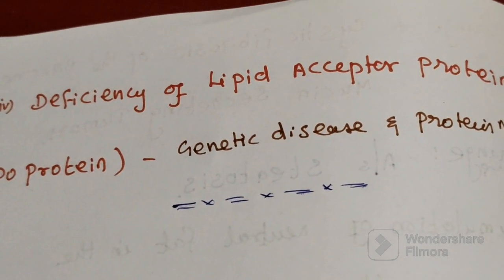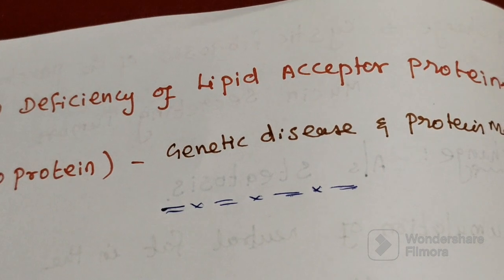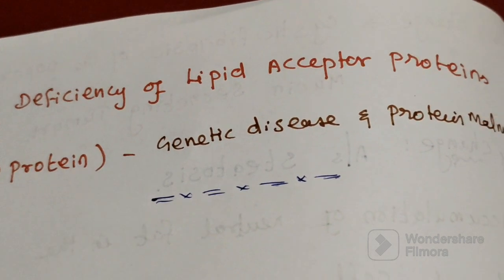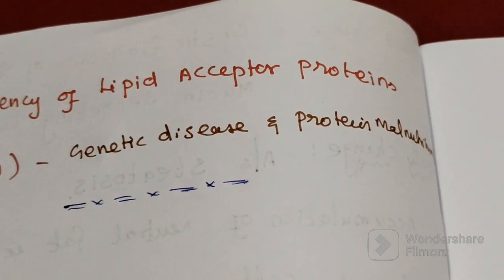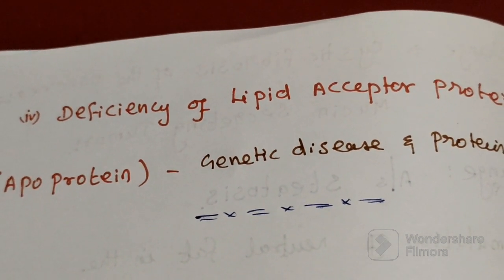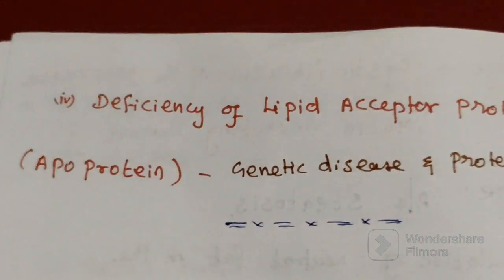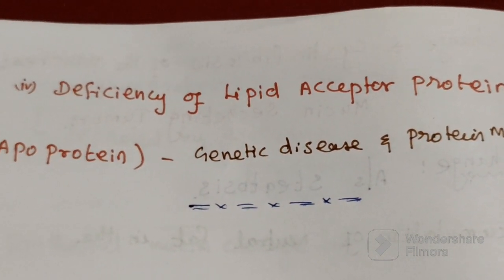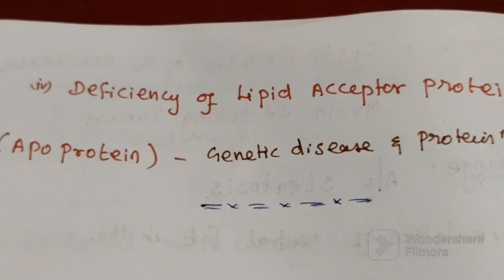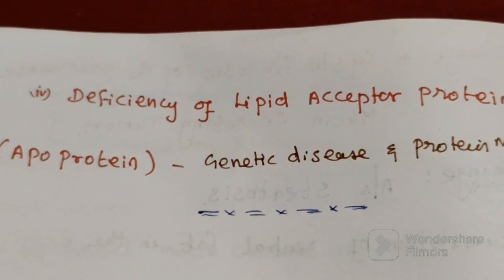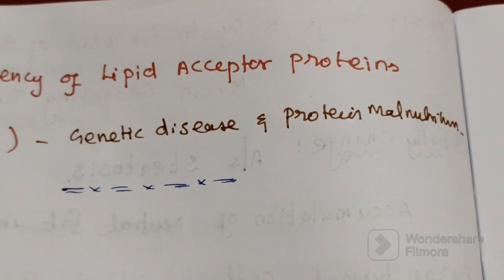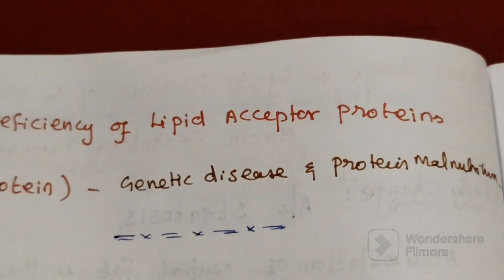Apoprotein absent means it cannot carry the triglyceride to specific tissue. This condition is seen in genetic conditions and protein malnutrition.